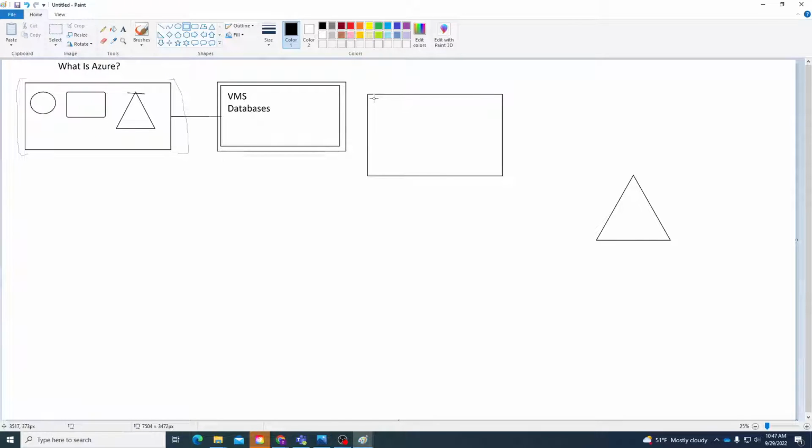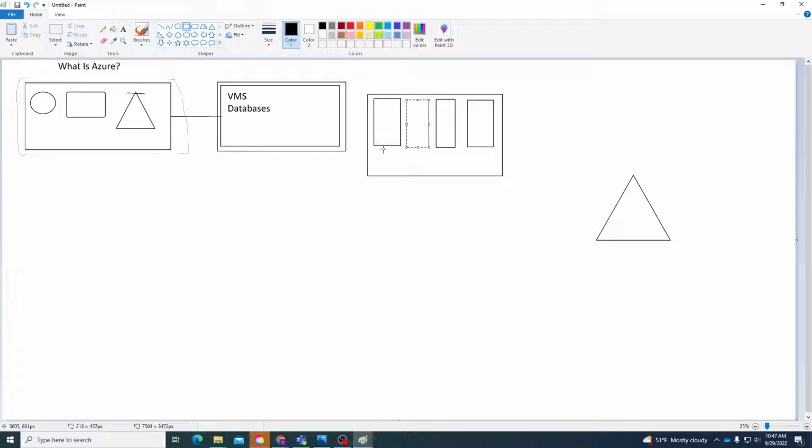So within that, there's going to be things such as regional pairs, and then within a specific region, data centers. Yeah, so within those data centers, you're gonna have various different resources.